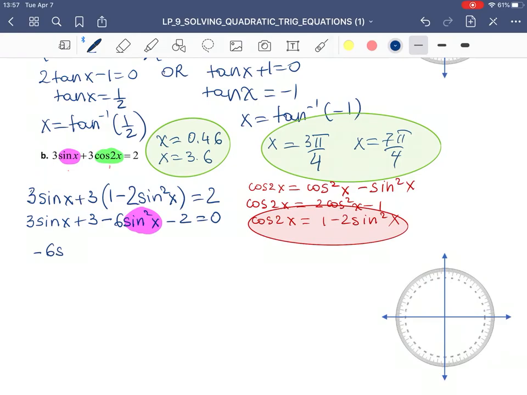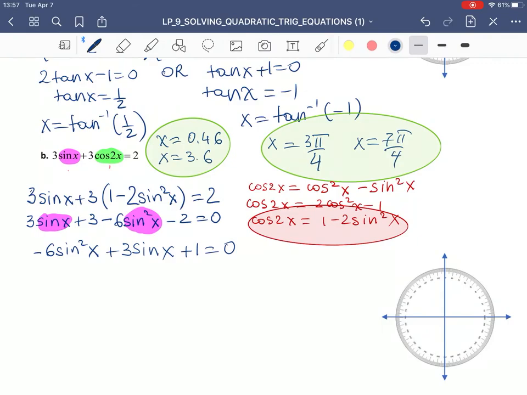Okay, and here we go. Negative 6 sine squared x. Then the next term would be the sine of x term. So plus 3 sine x. And we have 3 and negative 2 that will make a positive 1 together.